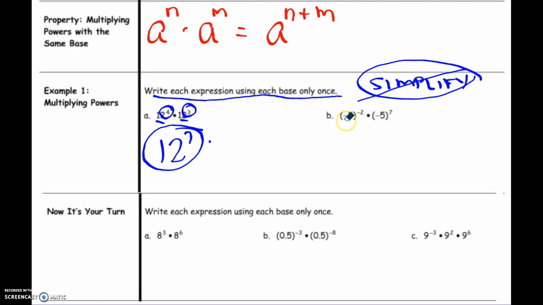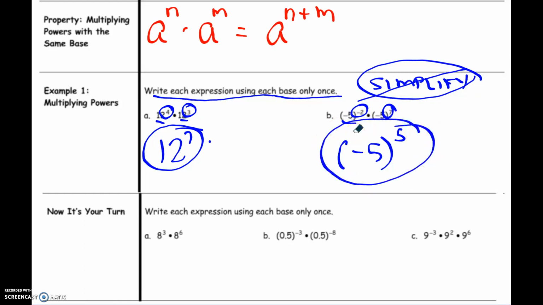So part B, negative 5 in parentheses raised to the negative 2nd power times negative 5 in parentheses raised to the 7th power. So my answer is negative 5 in parentheses raised to the negative 2 plus 7, which is positive 5. Bases are the same, add the exponents.